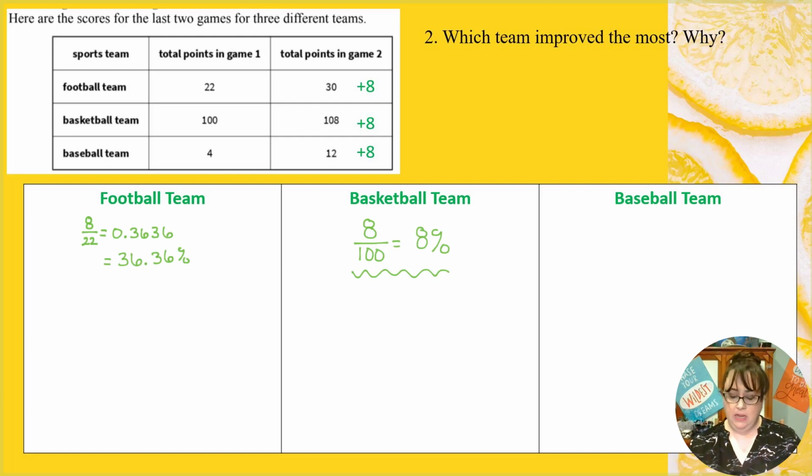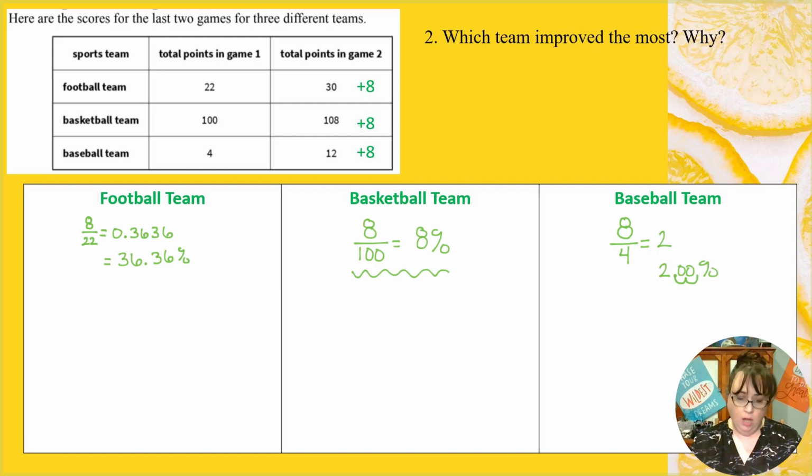But let's now take a look at the baseball team. The baseball score went from a 4 to a 12. That's a very big gap. They started off with only 4 points. So the increase of 8 points over 4 points is 2. If we make that into a percent, that's a 200% increase.